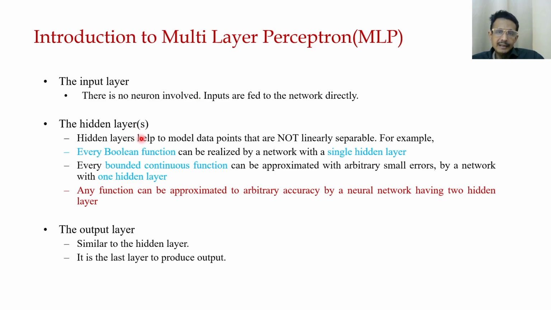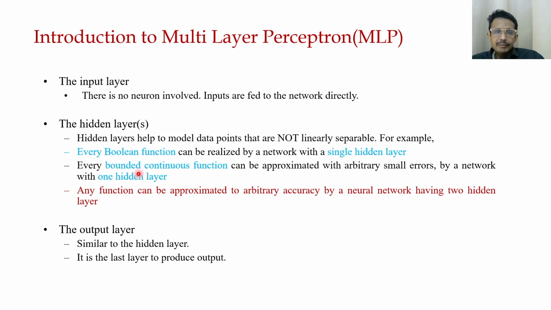And this hidden layer helps the multi-layer perceptron to model data that is not linearly separable. So hidden layers help to model data points that are not linearly separable. For example, every Boolean function can be realized by a network with a single hidden layer, which we have seen before.